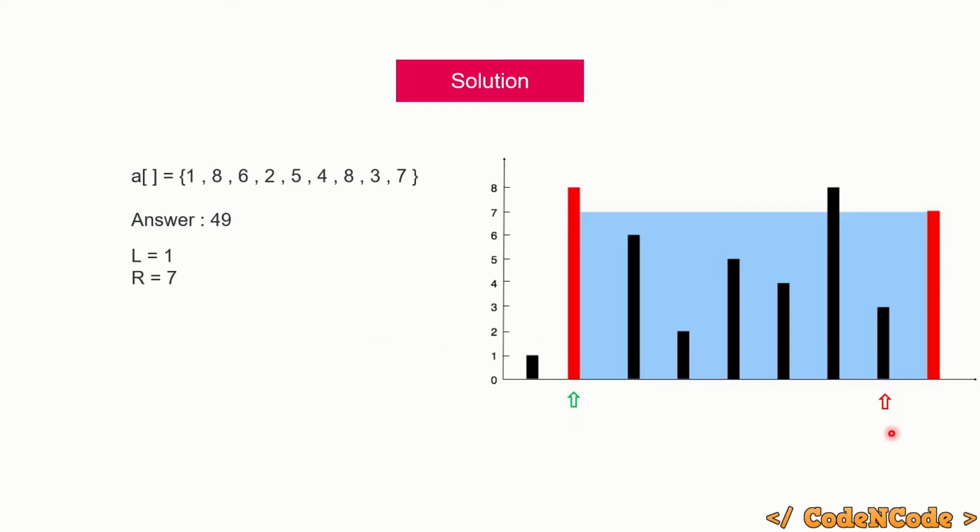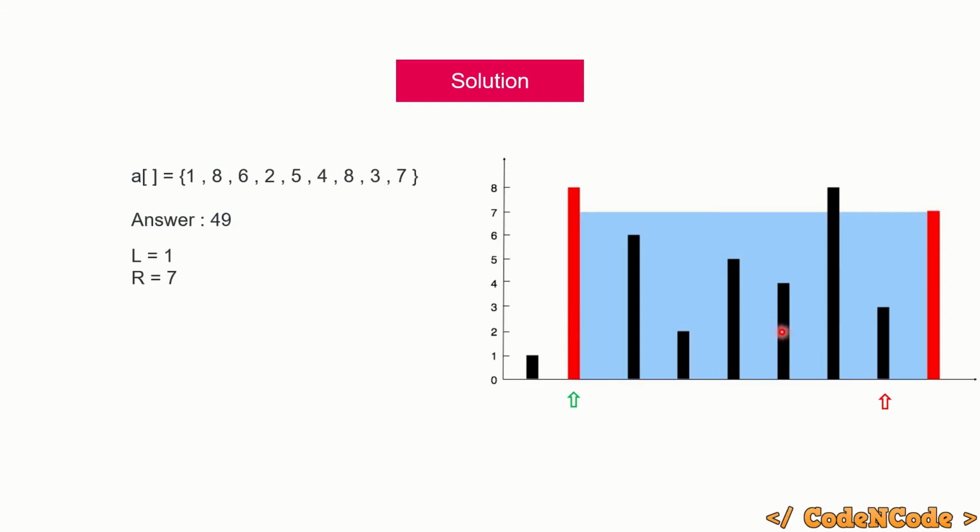The height of R is smaller than height of L, so what we'll do, of course, this will be able to satisfy its need because this guy can help him find the maximum water that it can store. So again we'll find out the width, which will be R minus L, so 6, right, times the height of R. Height of R is actually 3 or 4, looks like 3.